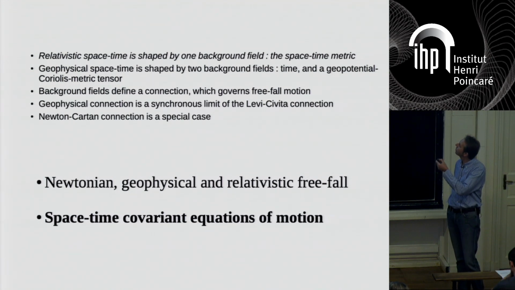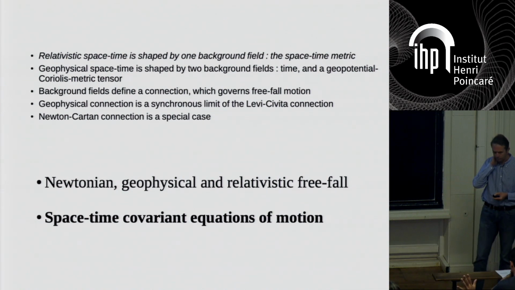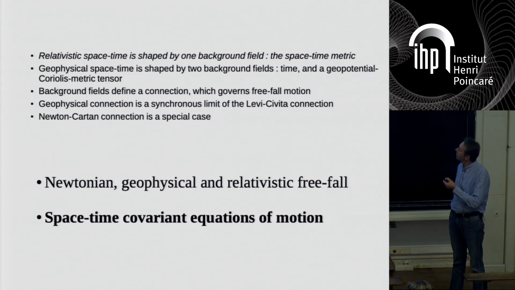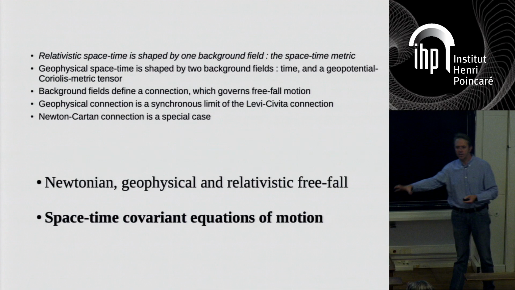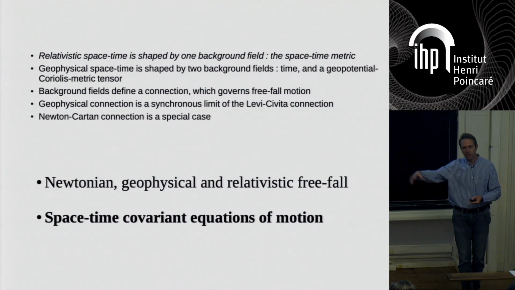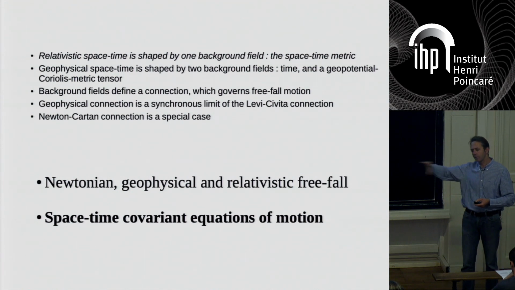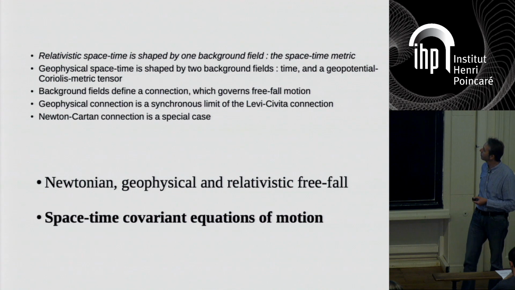So it puts together the geopotential, Coriolis, and the spatial metric. So from these background fields I can define a connection, and this connection defines freefall trajectories. And the geophysical case is obtained as a limit of the relativistic case.